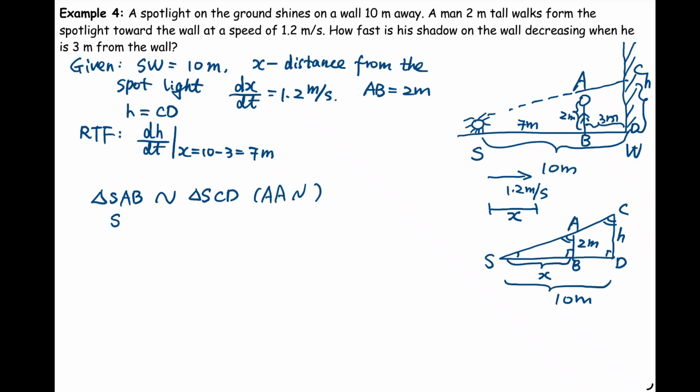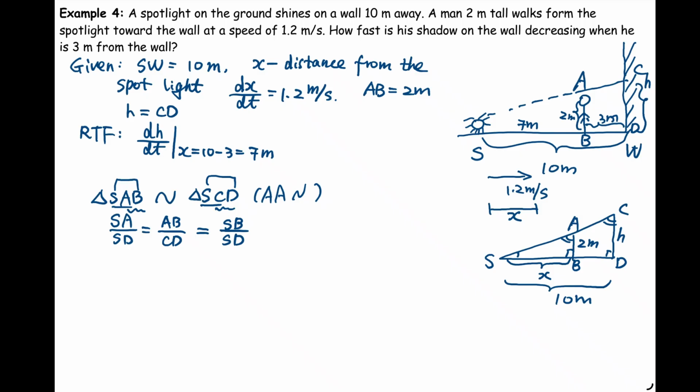Then we are going to have the first two letters over first two letters, SA over SC. The ratios are equal. AB over CD, last two letters over last two letters, represents the side AB over CD, and the first and last correspond to the SB and SD sides.